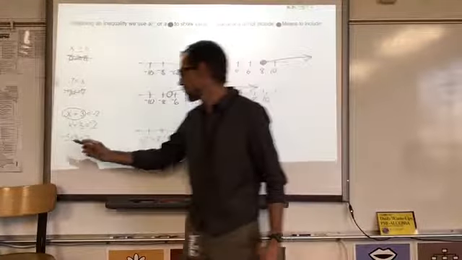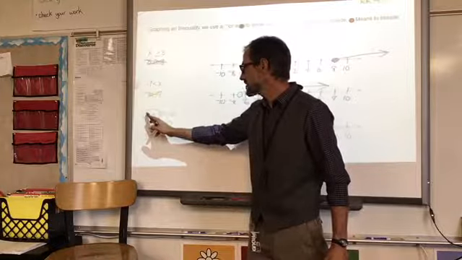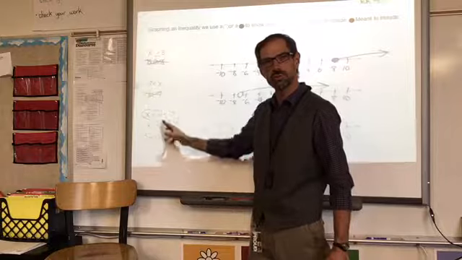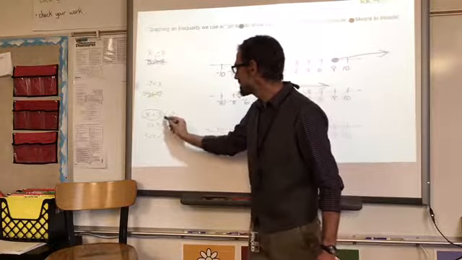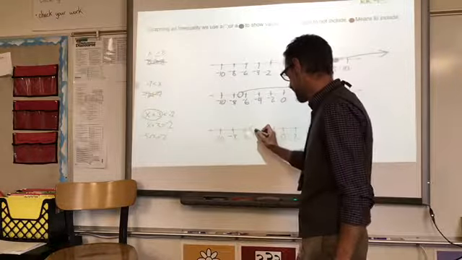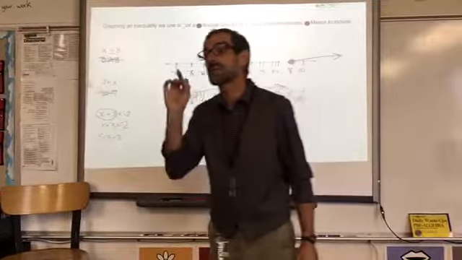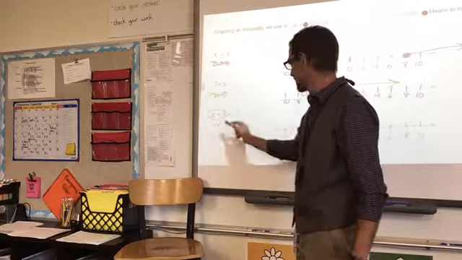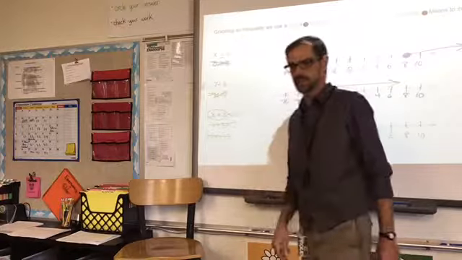Now let's go back up. If I put negative 5 here, this is going to say negative 5 plus 3 is less than negative 2. Is that true, or does it equal negative 2? It equals. There is no equal to sign here, so I go to negative 5 and put an open circle, because it cannot be equal to negative 2. It has to be less than negative 2.